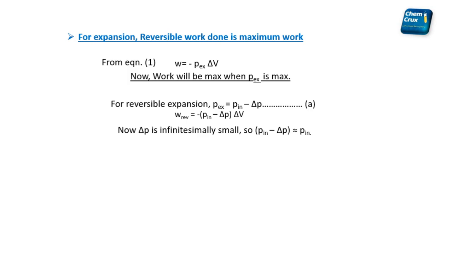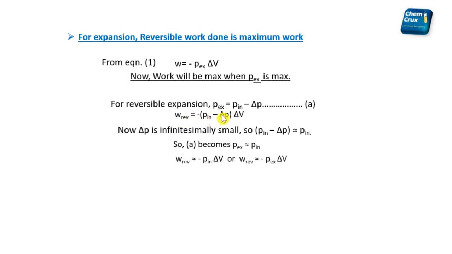So this delta P value can be neglected, and P internal minus delta P is almost equal to P internal, right? So what will happen to equation A? Since delta P can be neglected, Px will become almost equal to P internal. And what will happen to W reversible?